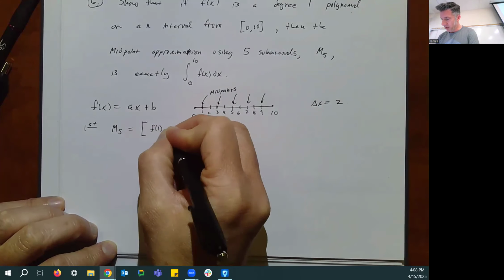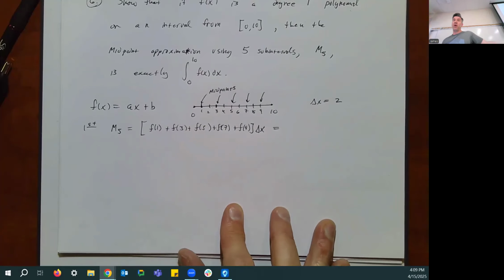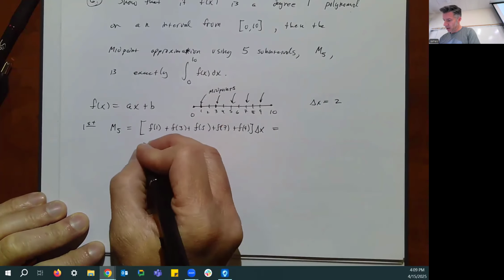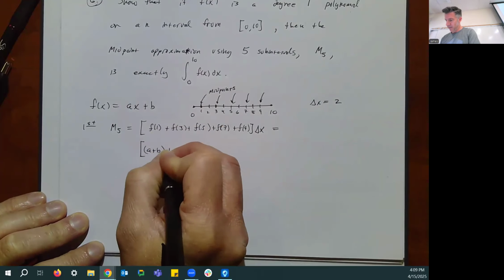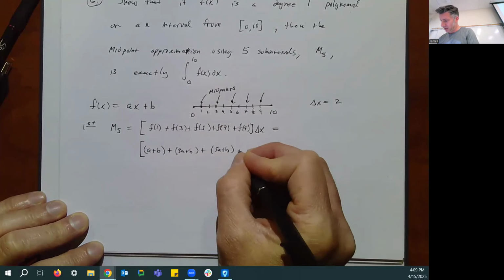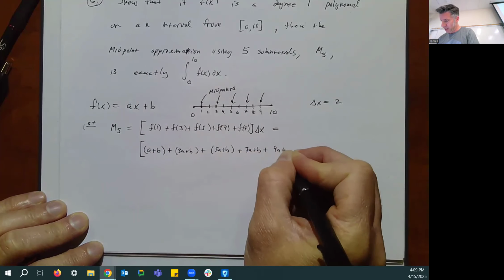We just have to use the general polynomial that we have. In the other problem, when I plugged in f of 3, it was a times 3 squared plus b times 3 plus c. Don't worry, it's going to make sense when we finish it. So this is f of 1, which is a plus b, plus f of 3, which is 3a plus b, plus f of 5, which is 5a plus b, plus 7a plus b, plus 9a plus b, all times 2.